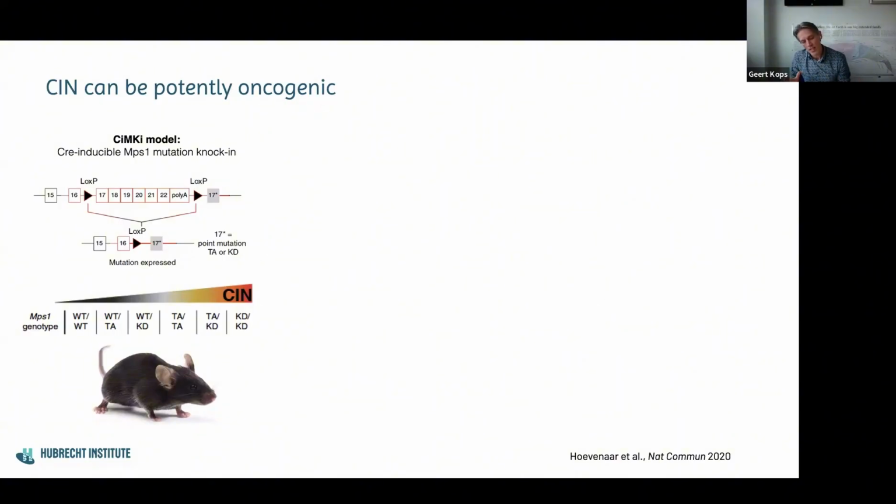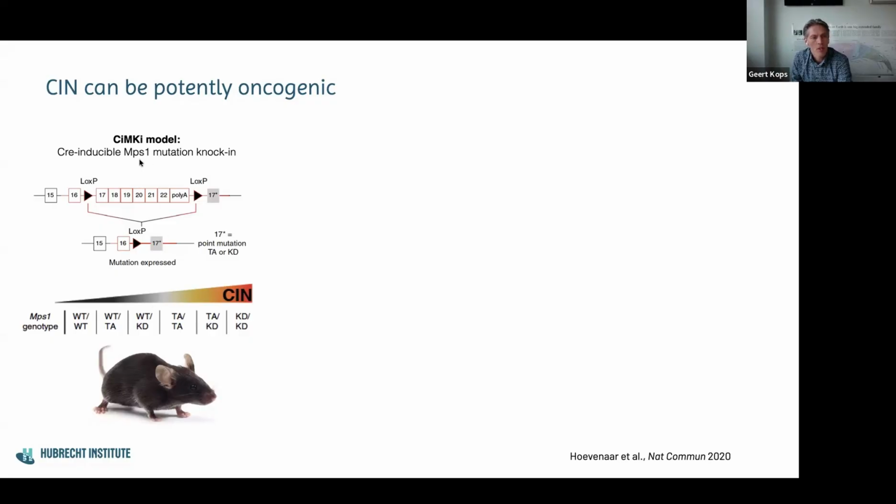I just want to give you one example from our lab, a mouse model in which we've designed an allelic series that we can induce, which increases the degree of chromosome instability with every combination of point mutations.